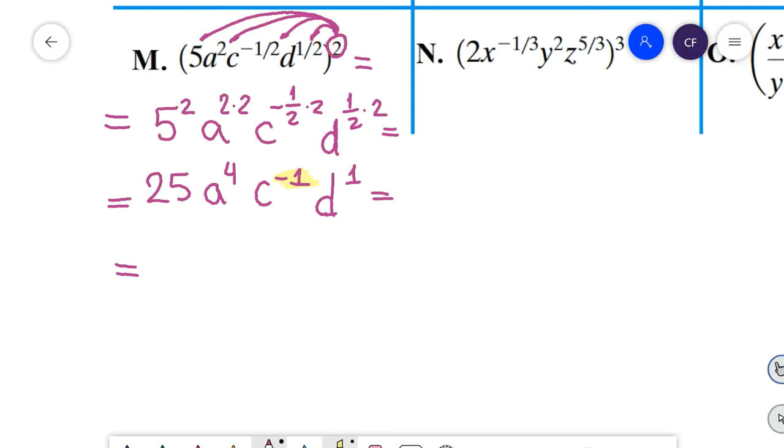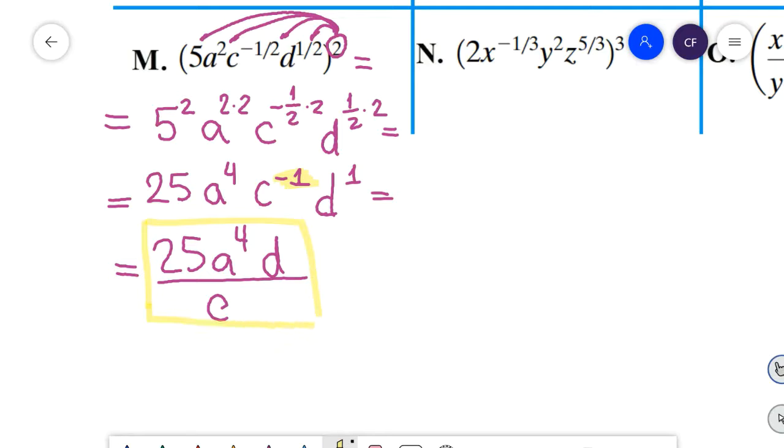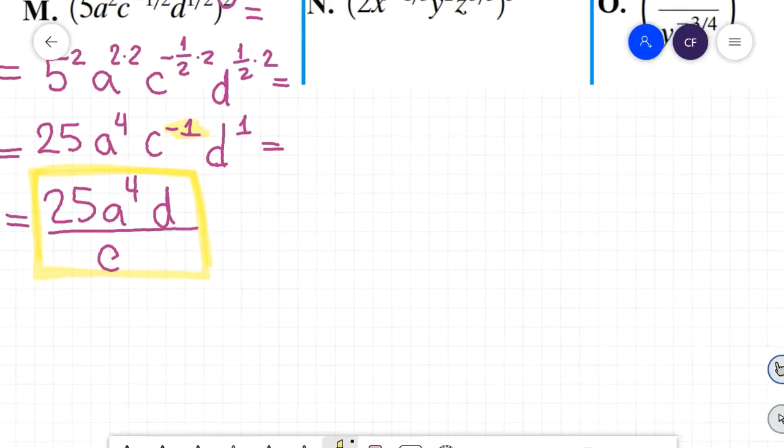We will flip C negative 1, C to the power of negative 1 is equals to 1 over C. So 25, A to the 4th, D, you don't need to represent power of 1, right? Over C. That is the final answer. The final simplified answer. Letter M.